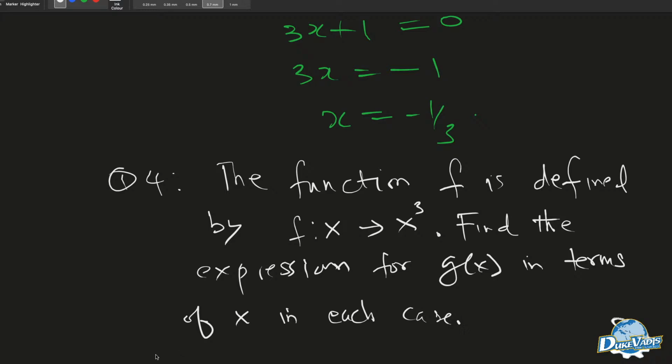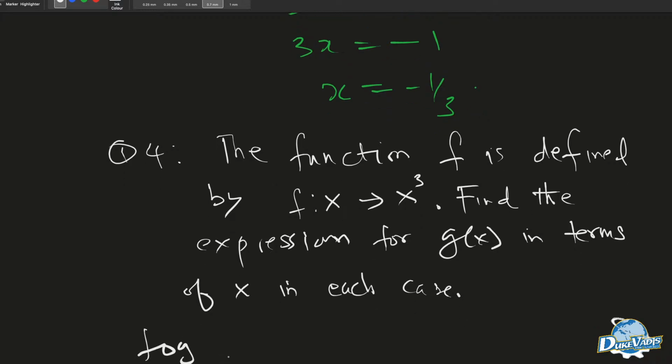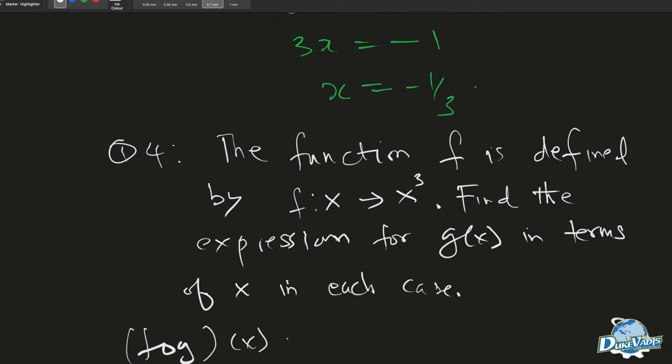Okay, so the cases are f of g of x is equal to 2x plus 3 and g of f of x is equal to 3x plus 4.